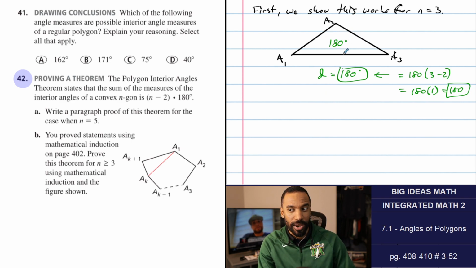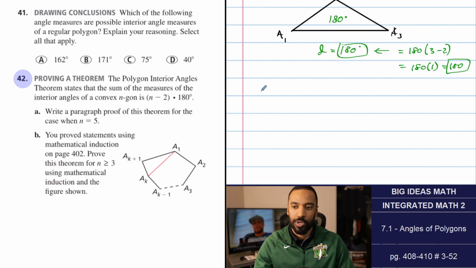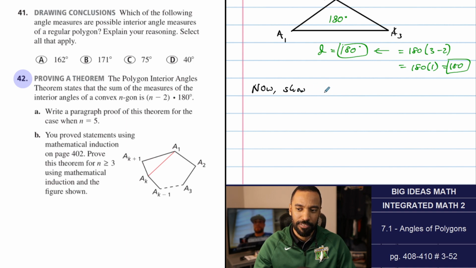You multiply by the number of triangles. How about that? Multiply by the number of triangles that there are. Now we show that it works for n equals k. Sorry about my handwriting. So this is now with k number of sides.